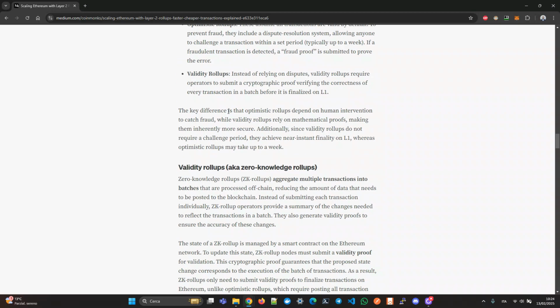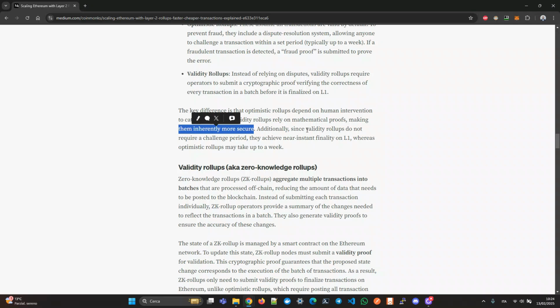So the key difference is that optimistic rollups depend on human intervention to catch fraud, while validity rollups rely on mathematical proof. And this makes, of course, the process more secure.